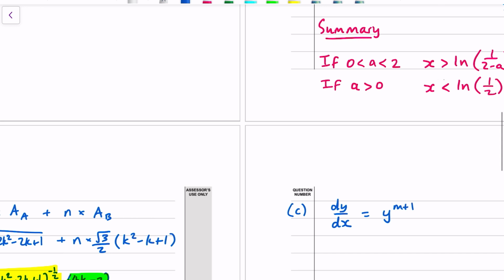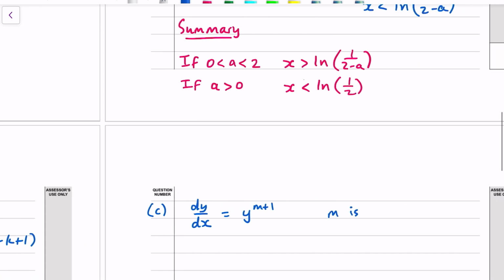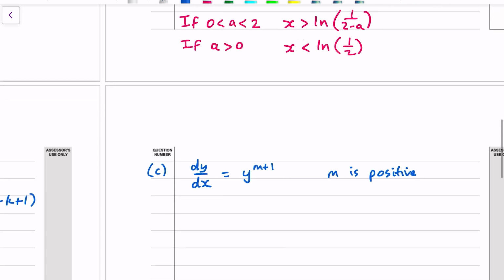And we're told m is positive. Okay, so it's a separable equation. 1 over y to the m plus 1 equals 1 times dx. If you want dx to have a friend over there and not be lonely, put an integral sign on both sides.